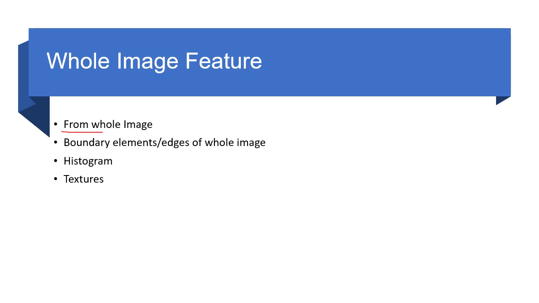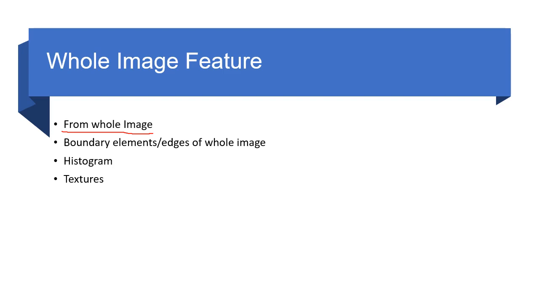If we want to get the texture description of the whole image, then we just calculate the texture, either using the method that we have discussed before, or using another method that we have not discussed before.